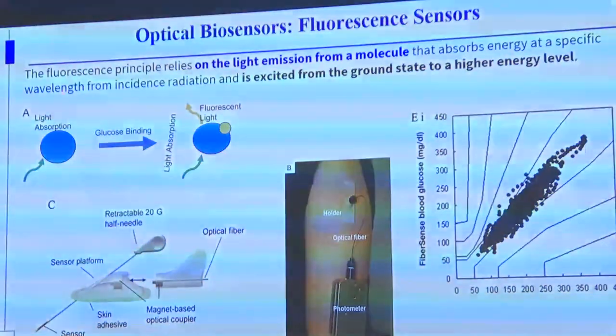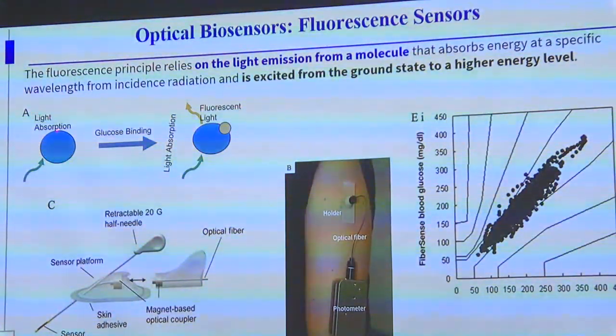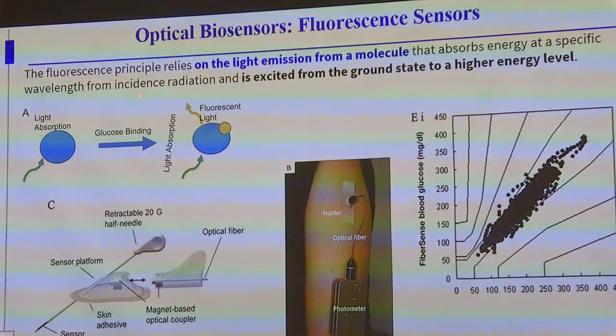The basic principle: the light will be absorbed, the glucose will bind, and then fluorescent light will be emitted. The fluorescence principle relies on light emission from a molecule that absorbs energy at a specific wavelength from incident radiation and is excited from the ground state to a higher energy level. That's the basic principle of a fluorescence sensor.